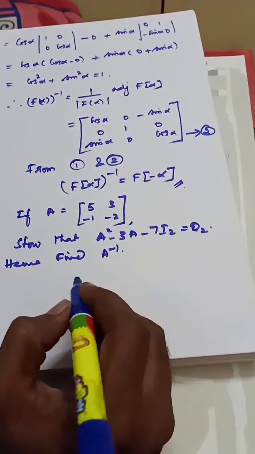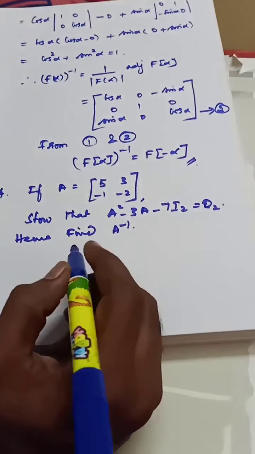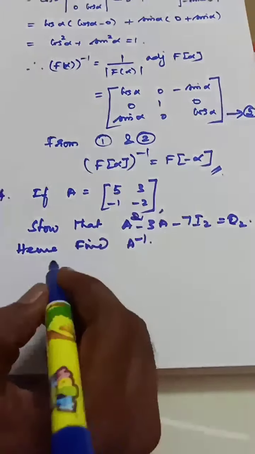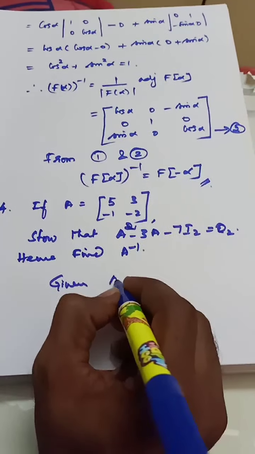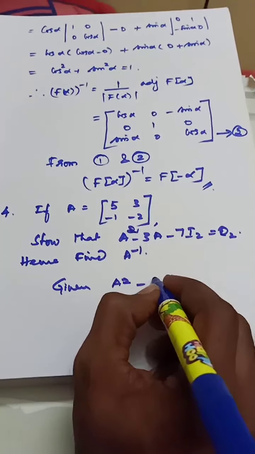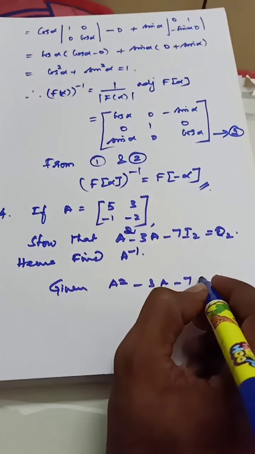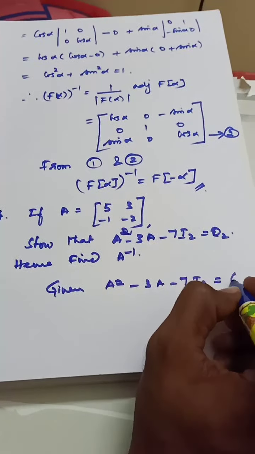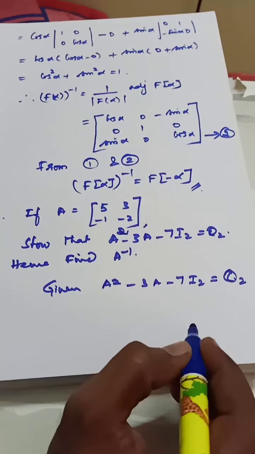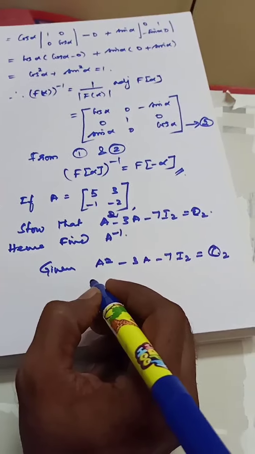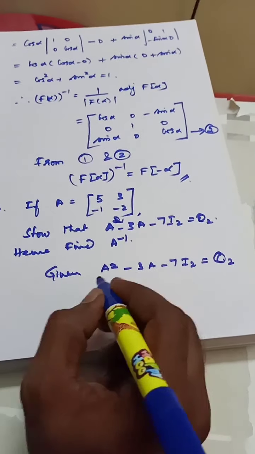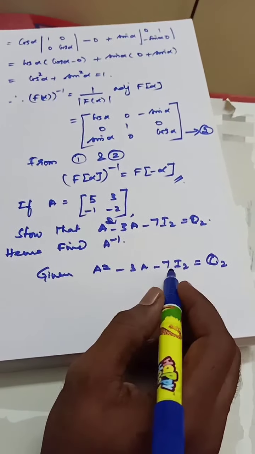So how to find A inverse? We can use pre-multiplying by A inverse. Given A square minus 3A minus 7I2 is nothing but 0. So how to find A square minus 3A minus 7I2?